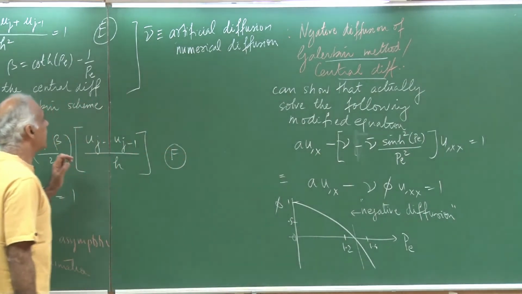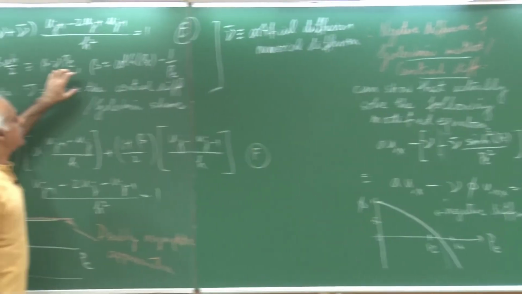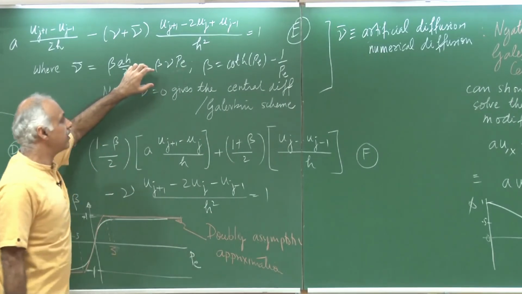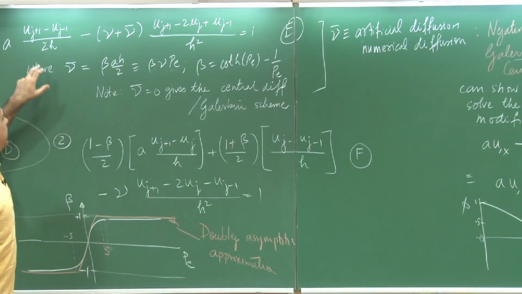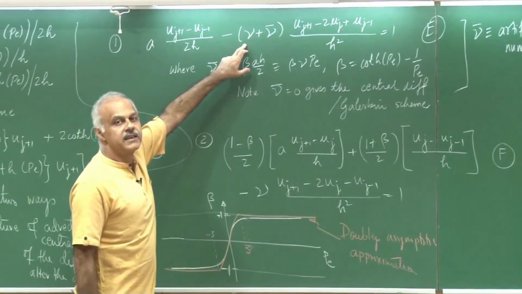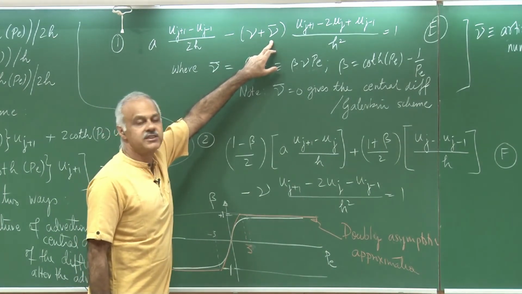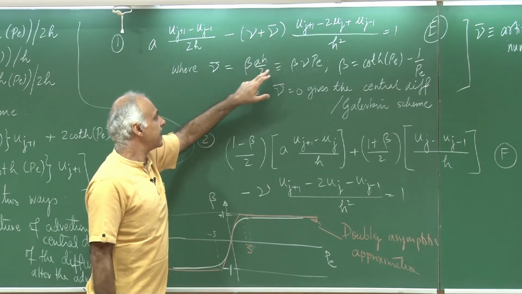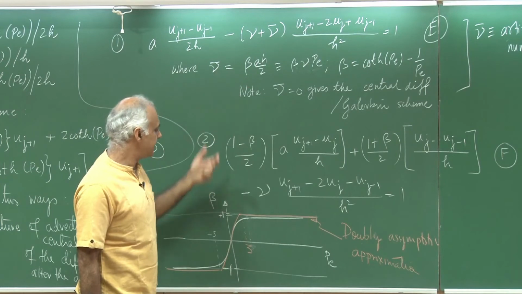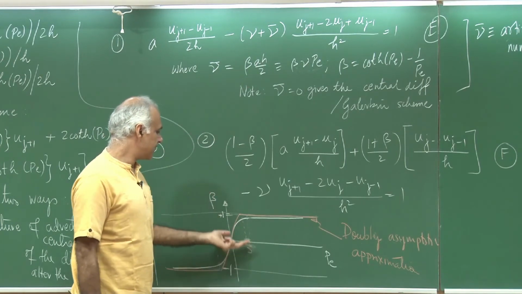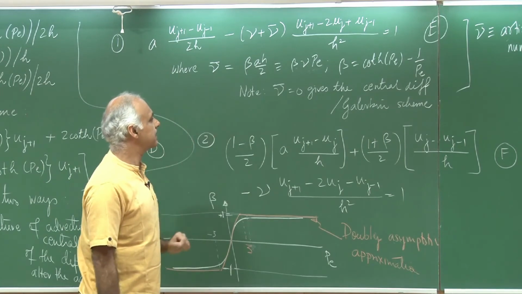So what lesson we have learned from this is that if you still want to use some kind of a Galerkin method or a central difference, then you can augment the viscosity with some kind of an artificial diffusion. If you can find it exactly, that is fine, otherwise you can use these ideas and come up with an estimate. So, that is one interpretation.